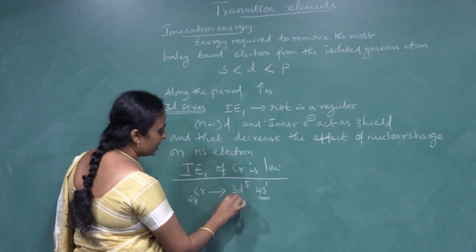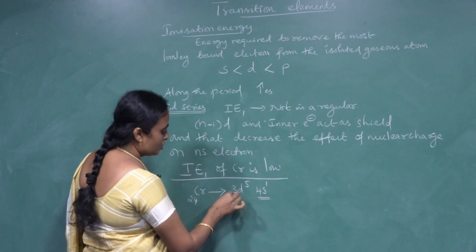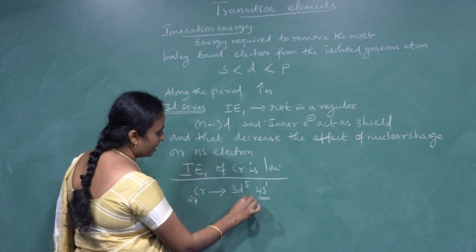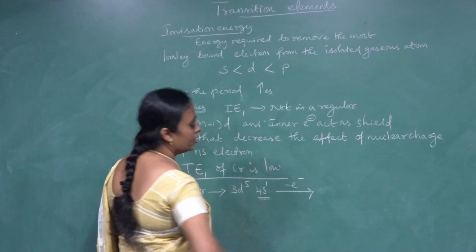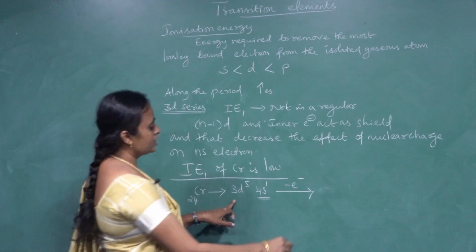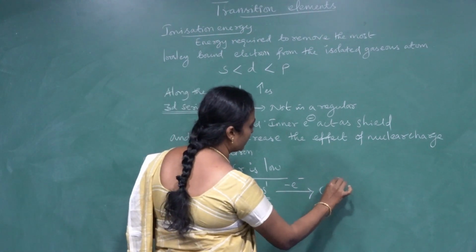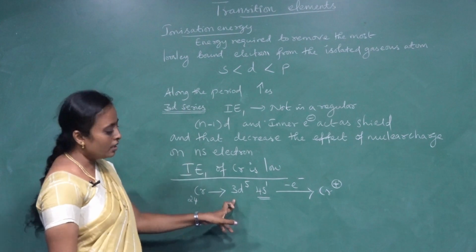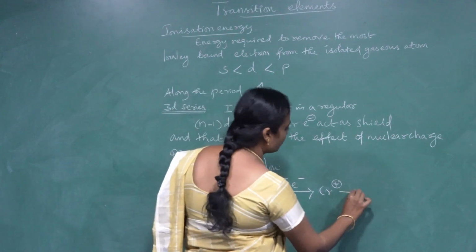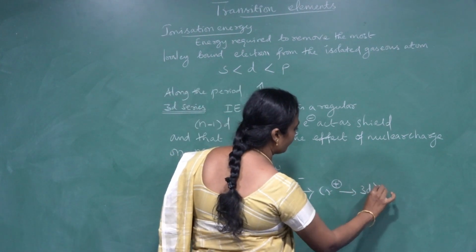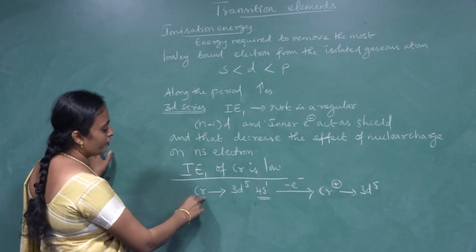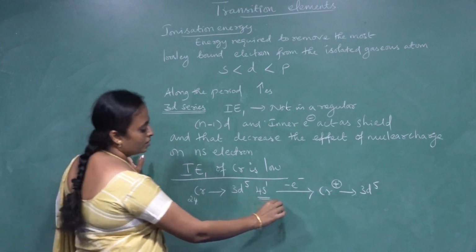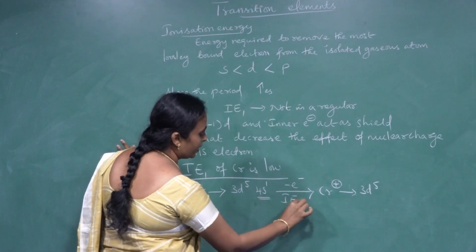So from chromium 3d5 4s1, I remove one electron, and that becomes chromium plus. What is the electronic configuration of chromium plus? Only 3d5. This is the first ionization enthalpy.